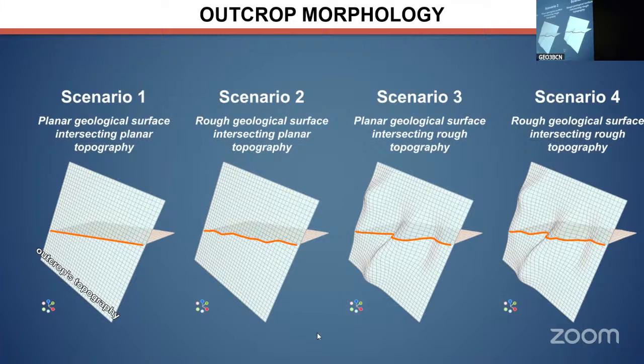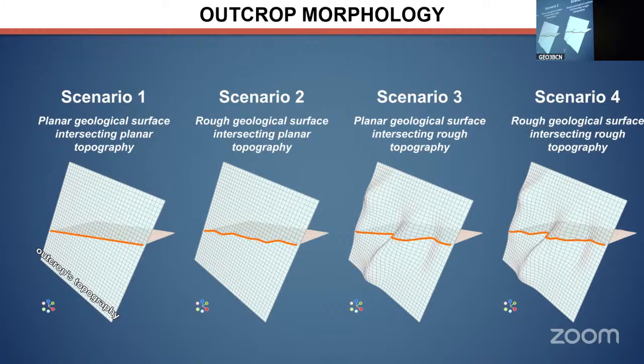Then a scenario which would be nice to have, a rough topography that intersects a perfectly planar geological surface. Then, by far the most common scenario, a rough and undulated topography that intersects a rough and undulated geological surface. Well, that's the starting framework.